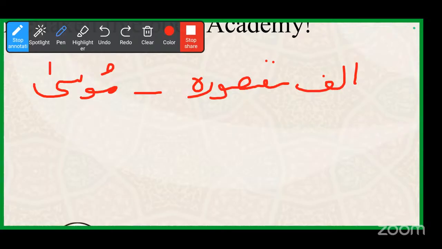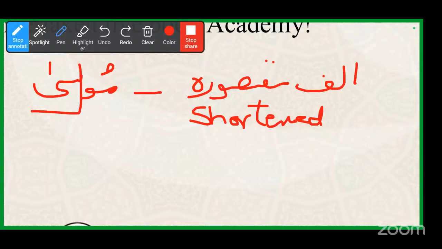It is an alif maqsura. Maqsura means a shortened alif. So this is another vowel. Actually there are nine vowels in Arabic. Now there is a difference in opinion about the pronunciation of this alif maqsurah. Some qaris have recited it Musa, others have recited it Muse.